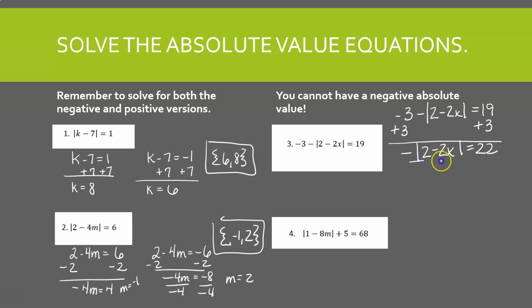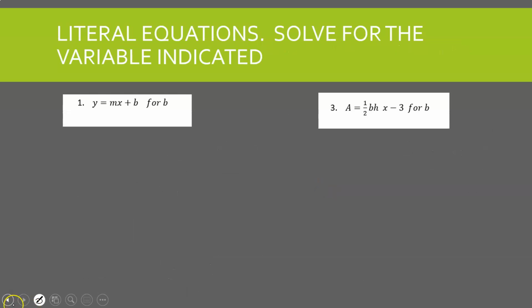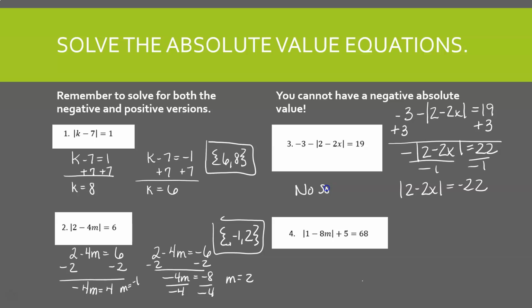Now I have to get rid of that negative sign by dividing by negative 1. And then I end up with a negative absolute value. So this one is no solution. Okay.